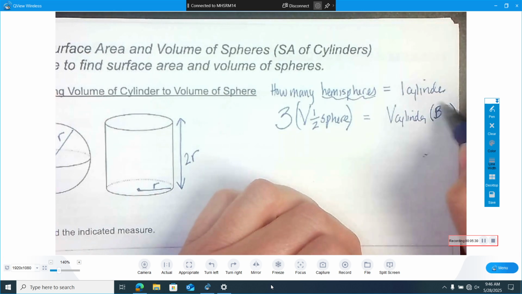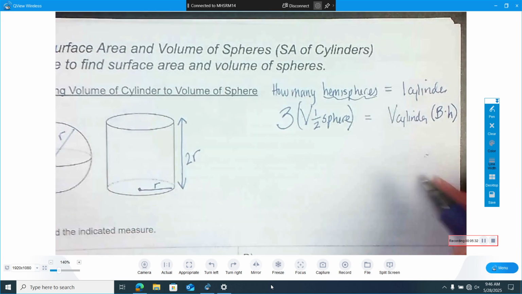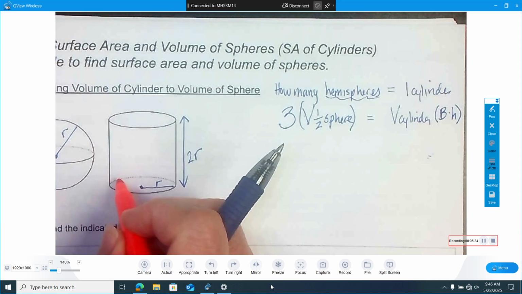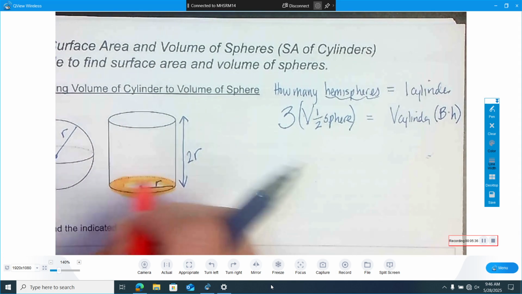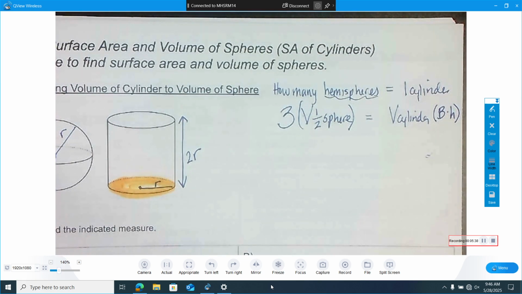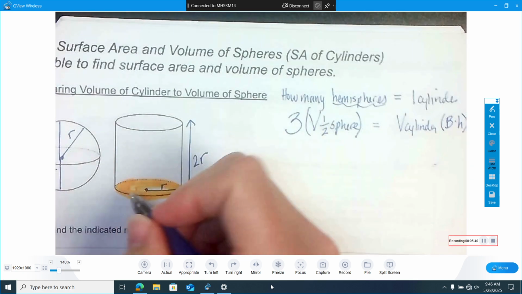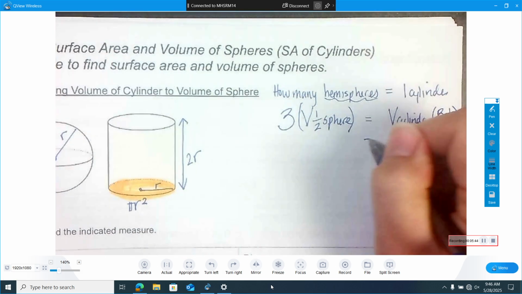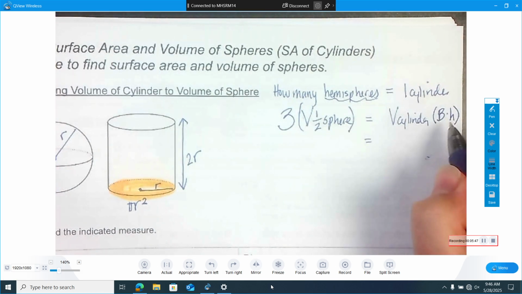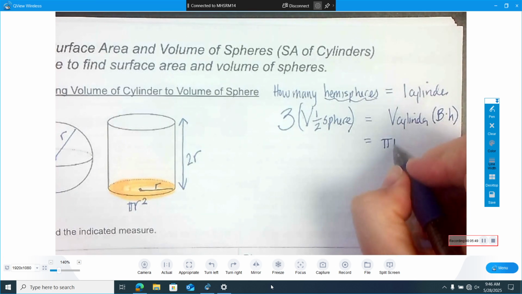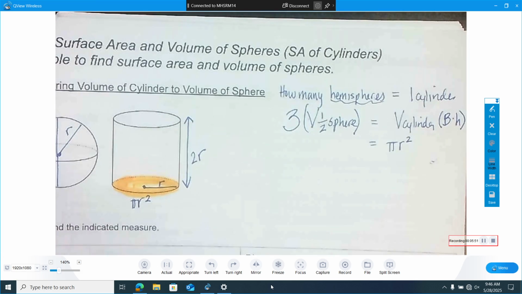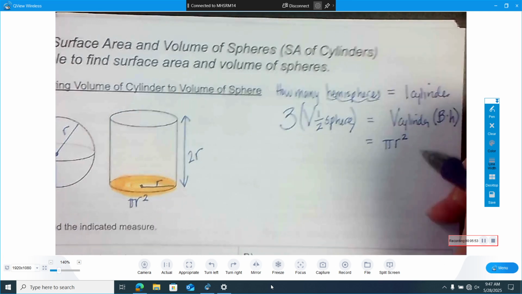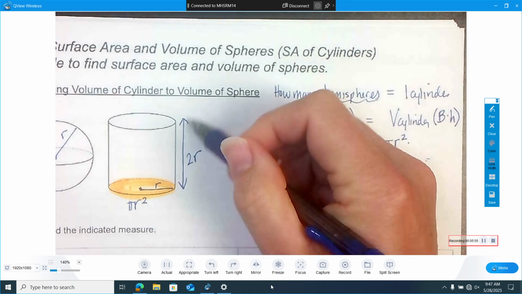The area of a base: what shape is the base of our cylinder? A circle with radius r. How do we find the area of that circle? Pi radius squared. Great. So for the area of our base, we have pi r squared. Then we also need to multiply it by the height of our cylinder.